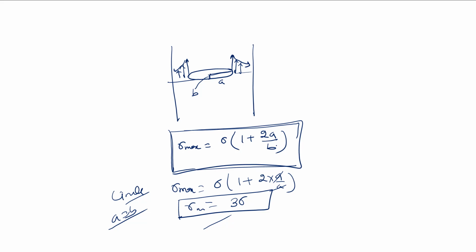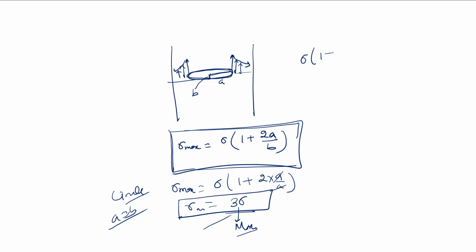So the limit for stress concentration in the case of a hole is 3 sigma. That means whenever we have a hole, the maximum stress it can reach is 3 sigma. But in the case of an ellipse, this can go way beyond this 3, depending on the values of a and b.